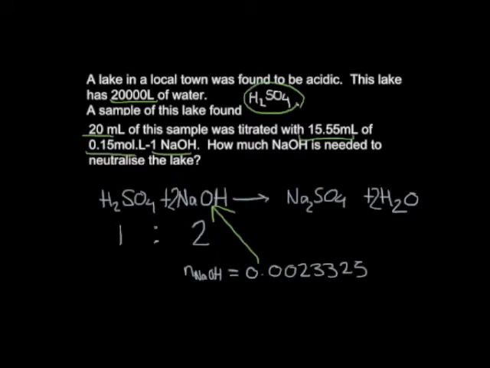So we've got twice the number of moles here. So we need to divide this number by 2 to give us the number of moles of hydrogen sulfate. So I'm going to divide that by 2. So it gives me the number of moles of 0.001165.